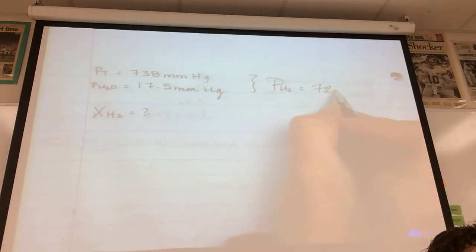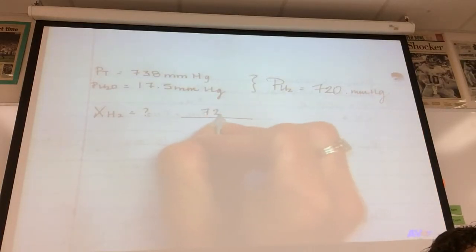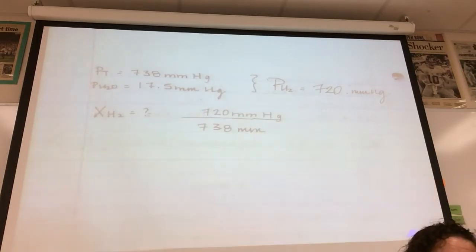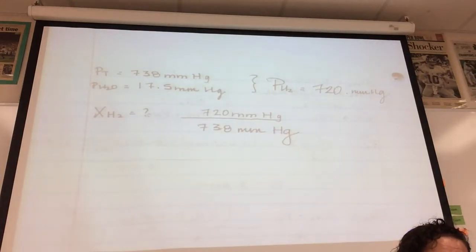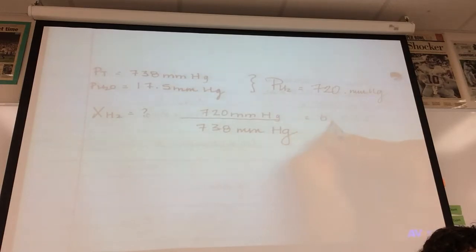You get 720 millimeters of mercury, and then the mole fraction is just the pressure of the hydrogen gas over the total pressure, and there's going to be many more moles of the gas you collected than moles of water vapor, and you get 0.976.